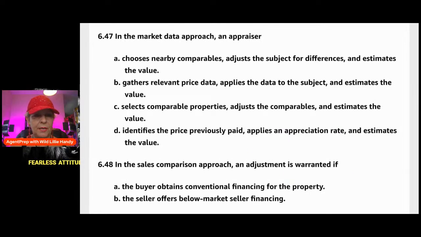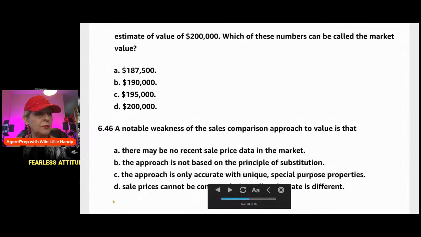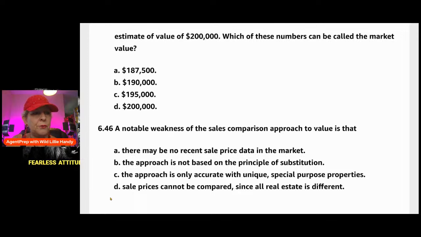Number 47. So did you get that, David? Because you answered the approach is only accurate with unique special purpose properties. No. Okay. Remember I pointed out only. That is most of the time a bad keyword. Only in certain things like laws, okay, where it says must be or is only, then yes.